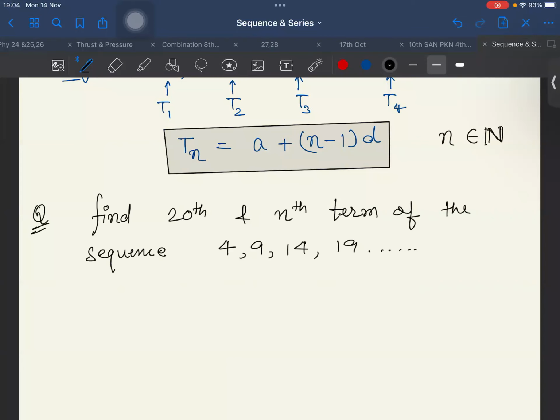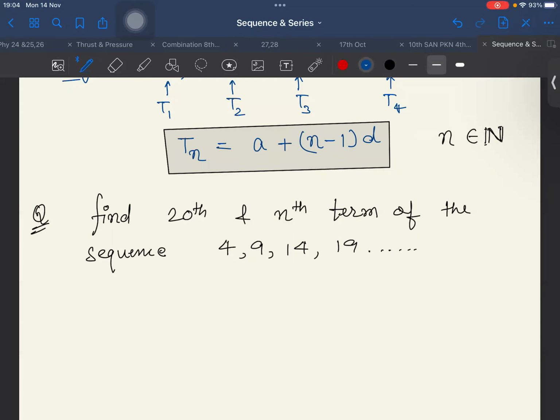The 20th term is 99 and the nth term is 5n minus 1. Okay, let others find. Anyone else? Anyone having doubt in this problem?